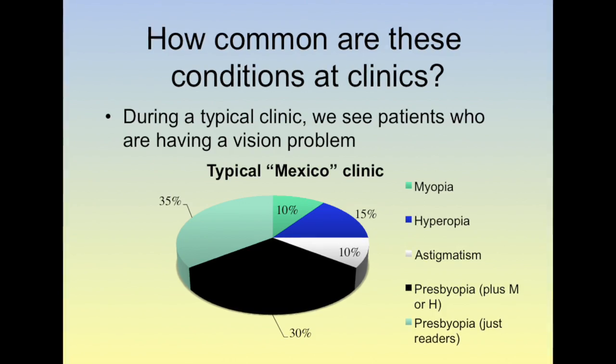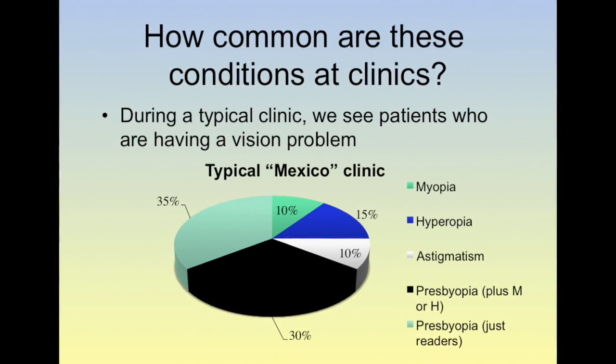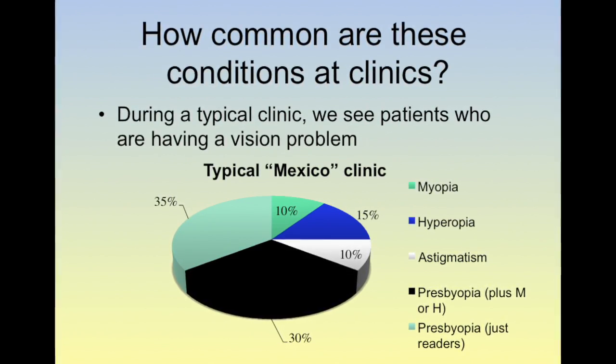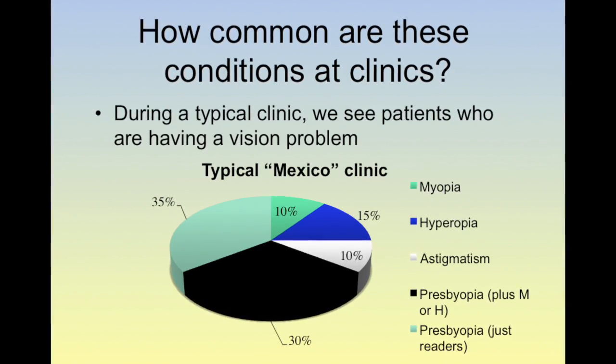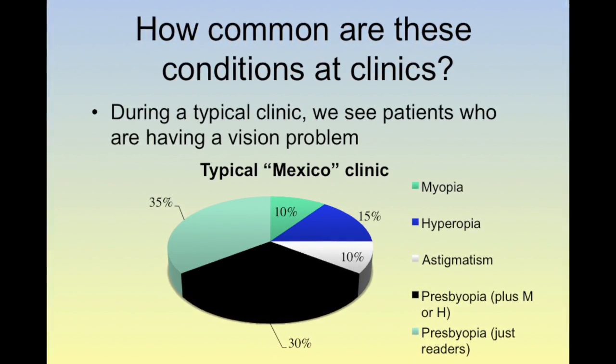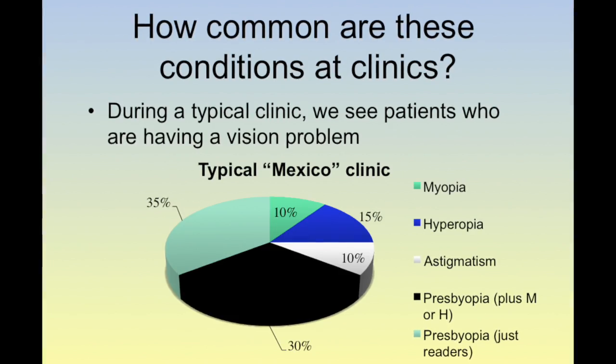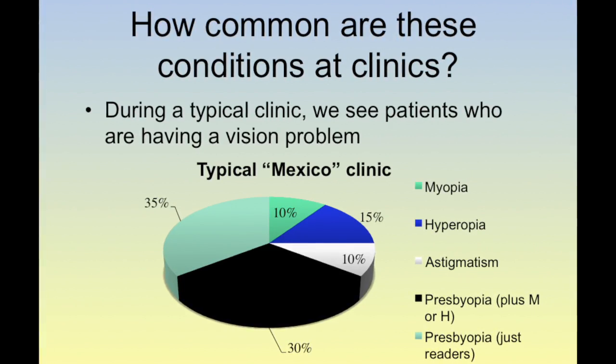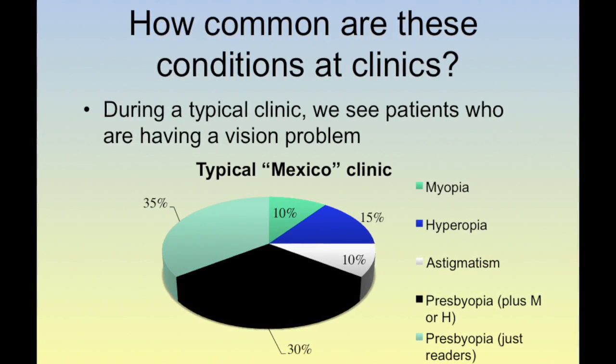So they need something to see near, but they also may need something to see far away. So those patients would need bifocals. About 10% of patients are going to have astigmatism. About 10% are going to be myopic, and about 15% are going to have just plain hyperopia without presbyopia. And these are sort of typical numbers for a Mexico clinic.